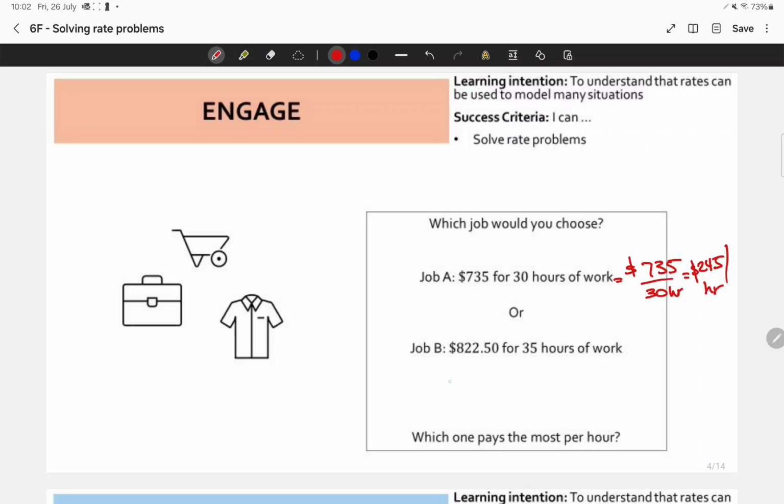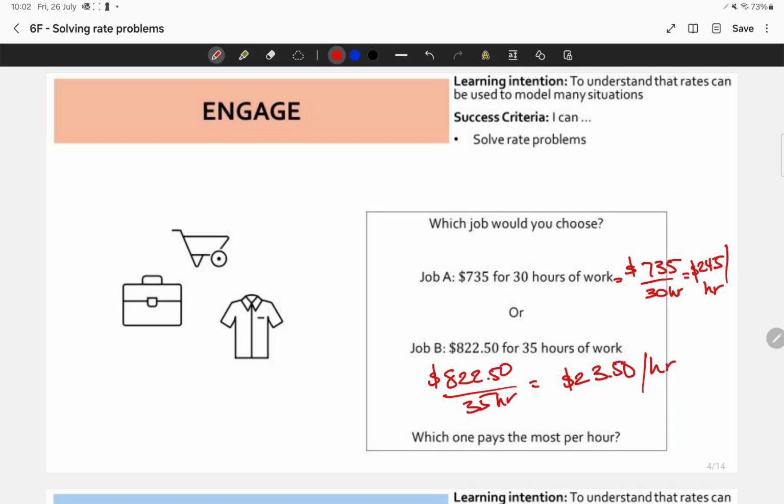The second option, you're going to do $822.50 divided by 35 hours. If you do that, it's going to be $23.50 per hour.